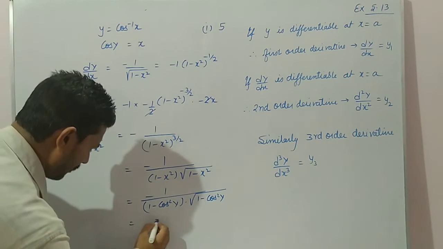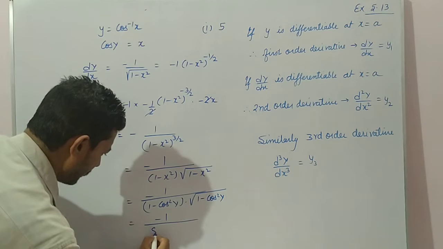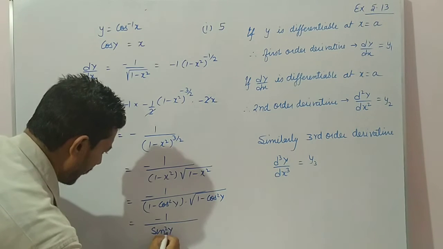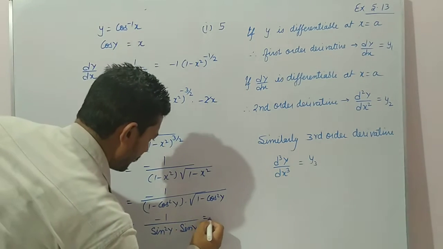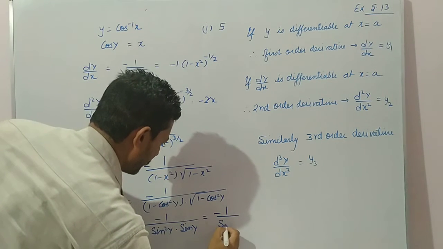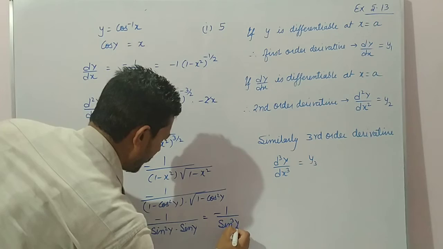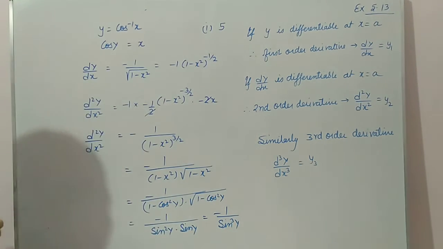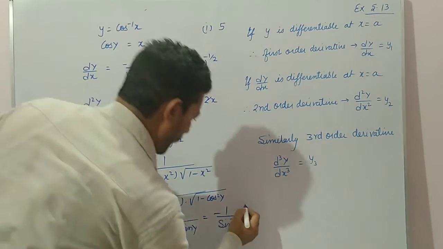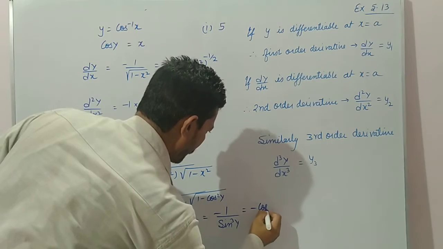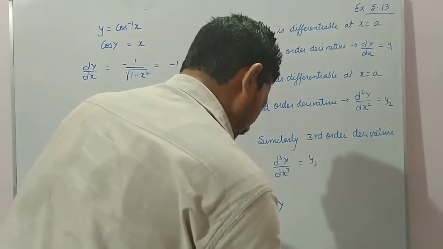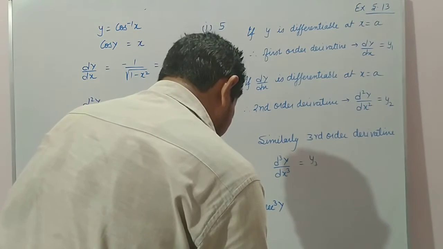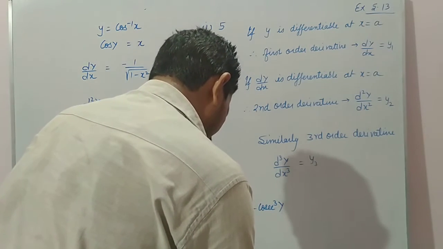Or this is minus 1 by sin square y into sin y, that is minus 1 by sin cube y. You can also write this one as minus cosec cube y. It's number 5, number 1.